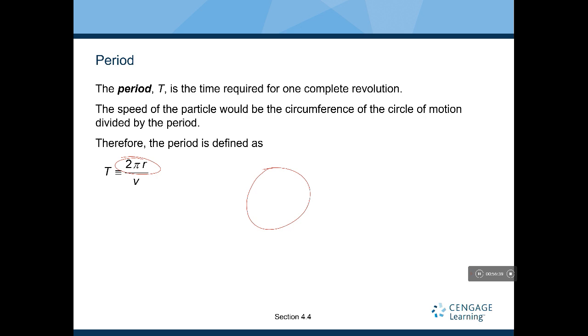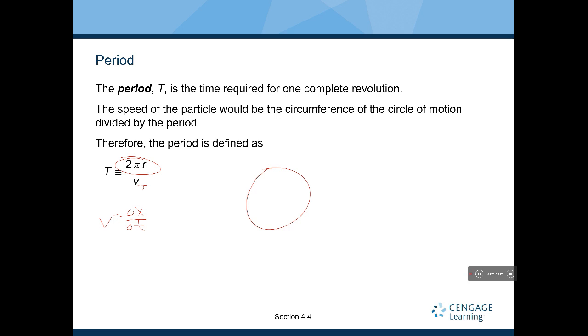Divided by, guess what velocity that is? Tangential. Because tangential, while changing in direction, is not changing in speed. Which means that equation right there is just your standard boilerplate constant velocity equation. Time is equal to distance over speed. That's all it is. Okay? So by definition, it's just the amount of time it takes to go around a complete circle.